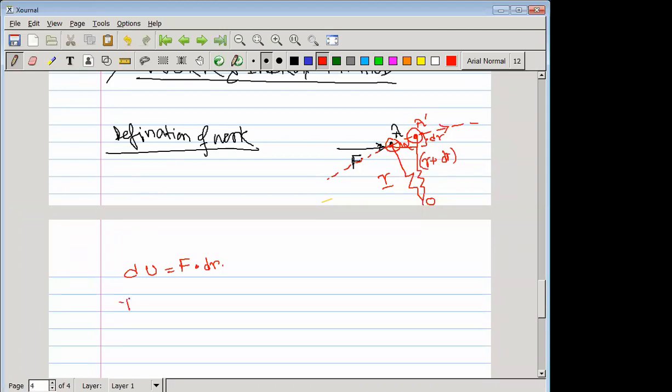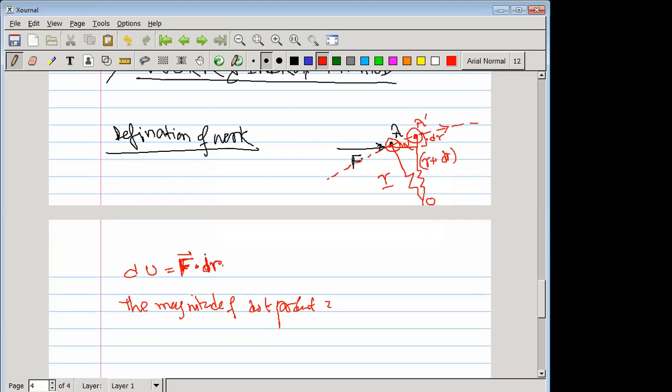So the magnitude of the dot product is what? F is a vector, right? Dot dr, here dr is also a position vector.